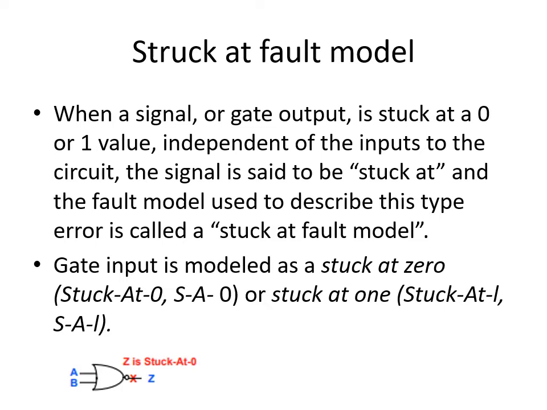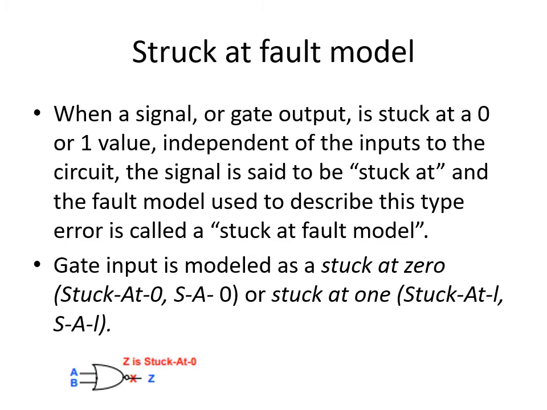When a signal or a gate output is stuck at 0 or 1 independent of the inputs to the circuit, the signal is said to be stuck-at, and the fault model used for describing this type of error is called the stuck-at fault model. So here the gate input is modeled as stuck at 0 or stuck at 1.